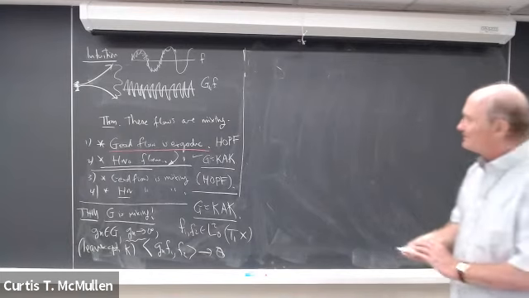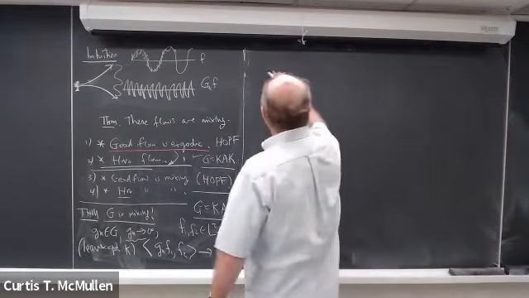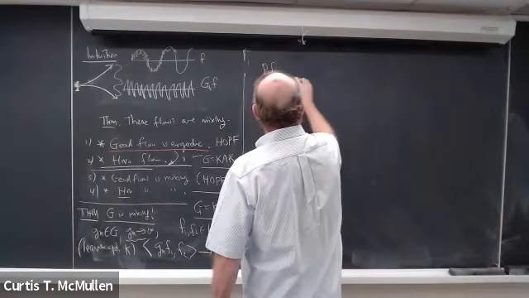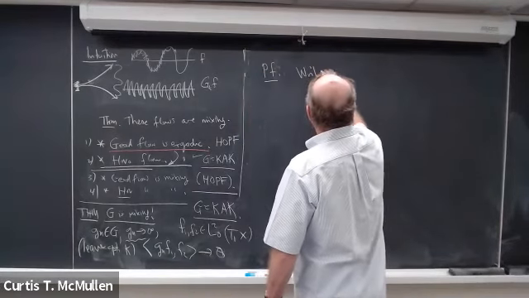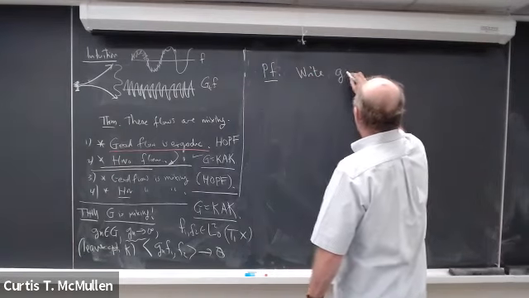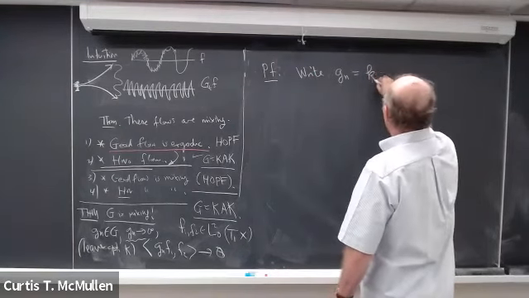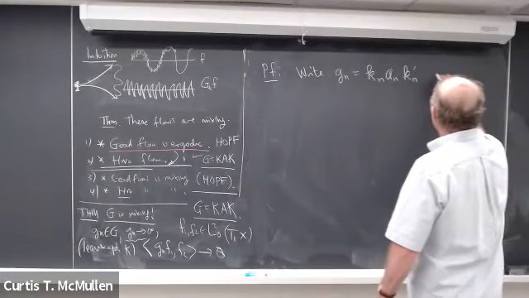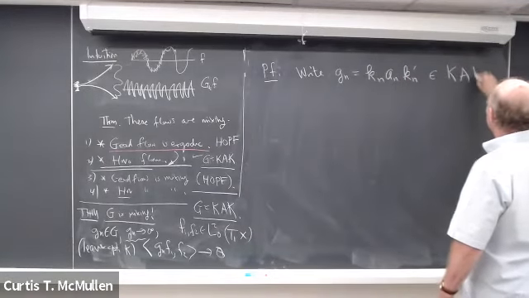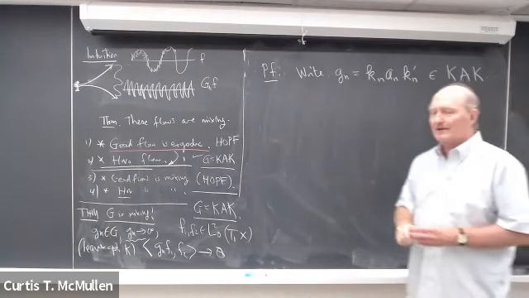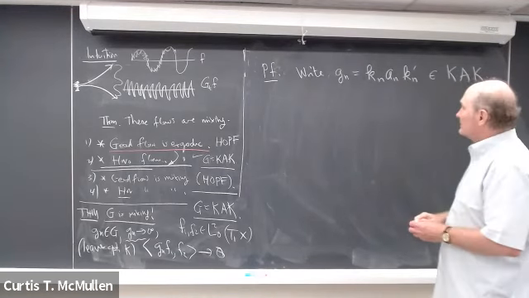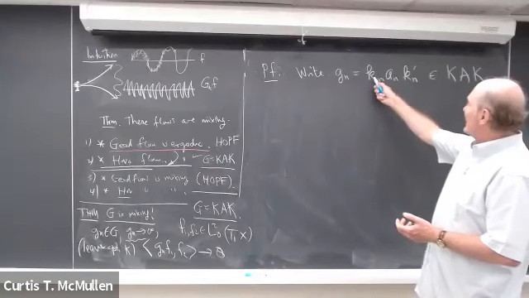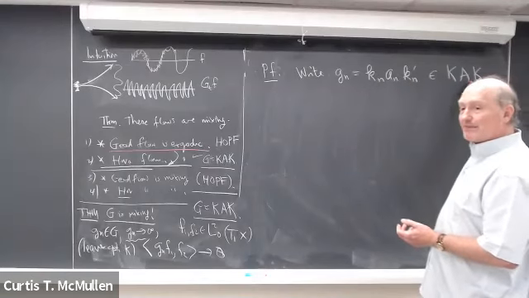So for the proof, we write g_n as k_n a_n k_n prime, with k_n and k_n prime in K. Now, g_n is going to infinity, and these k_n's are ranging in this compact set.